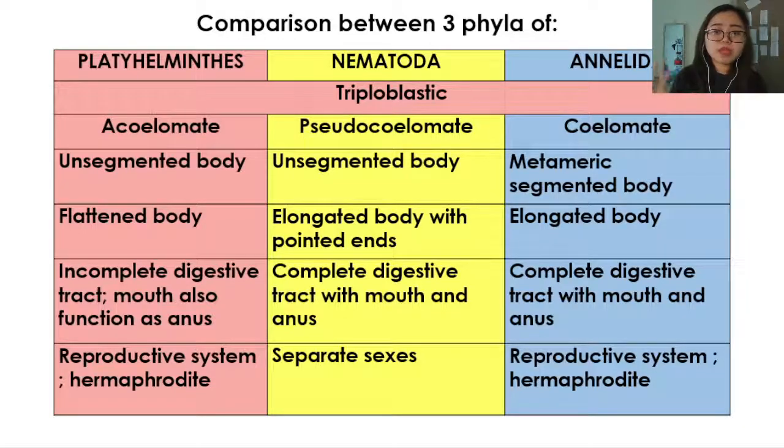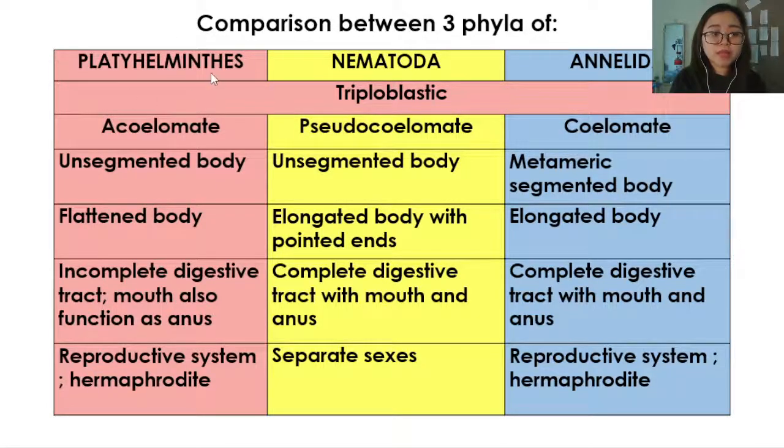Once again, in the beginning, I told you that these three phylum are usually compared together. There are three types of worms, but they are very different from one another, as you see now. Some of them are very simple, some of them are more complicated, and some of them still eat and poop with the same hole.